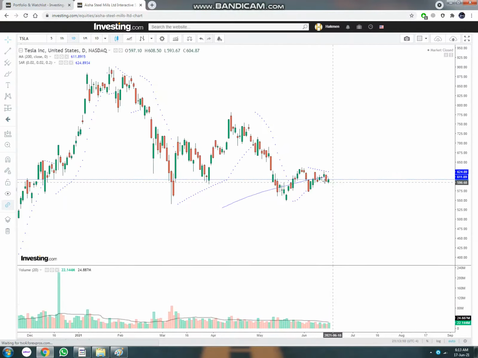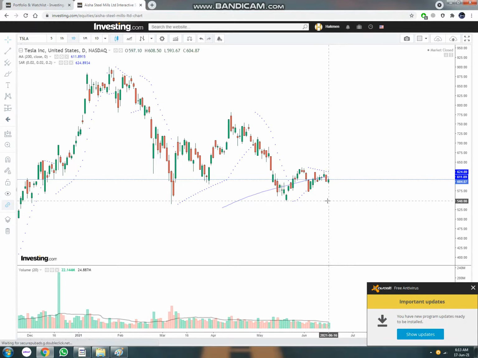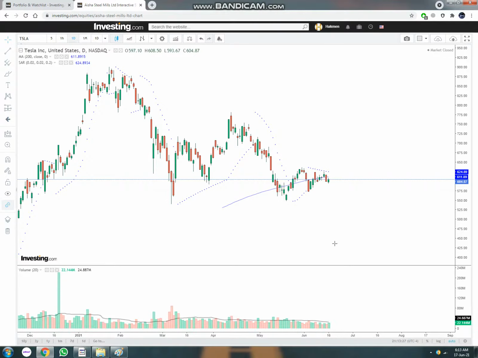So now it is trading on the 200-day moving average. So wait for it and see what results it will give you. As there is a support level right here, wait for a while, wait for a few days and see what results it will give you when the stock hits back.